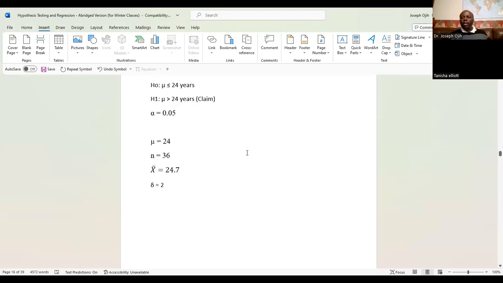So with this, we can run our test. Okay, oh, excuse me. So let's find our test. Remember the formula: Z equals X bar minus mean divided by standard deviation over root n. So let's go and get it from here.